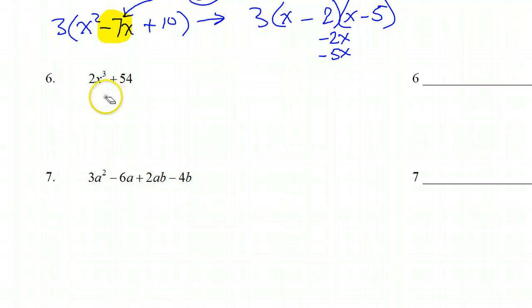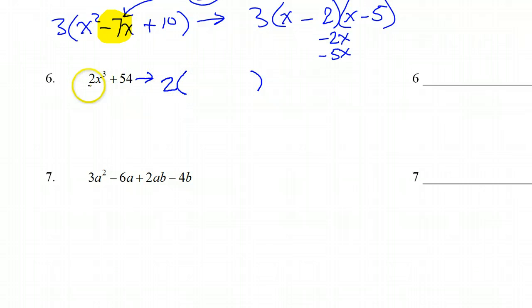The other thing is you're forgetting the first step of factoring. What's the first step of factoring? That's right. Look for a GCF. And there is one. The common factor is 2. So before you do anything else, you definitely need to pull out that 2.